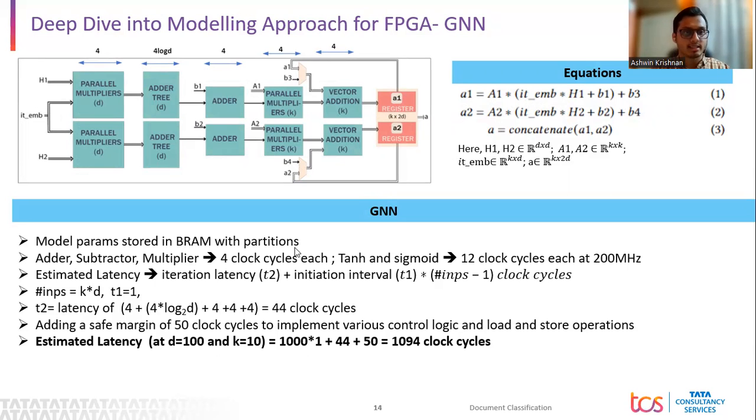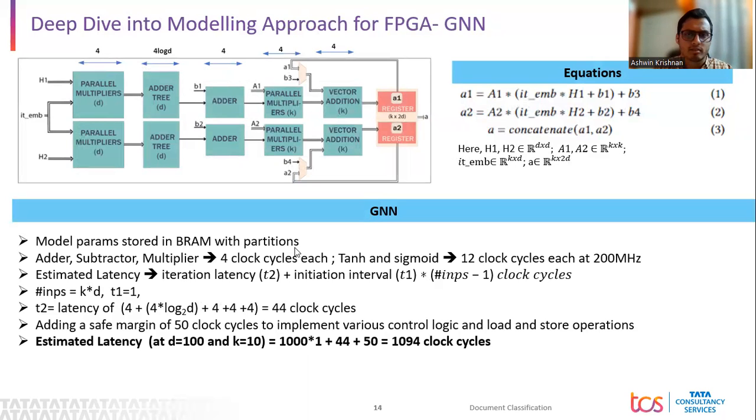And the iteration latency is the sum of the latencies of individual operations. Here, for parallel multipliers, it's 4. For an adder tree with log base 2 of d stages, it's 4 into log base 2 of d clock cycles, followed by an adder, multiplier, and vector addition, each consuming 4 clock cycles, giving us a total iteration latency of 44 clock cycles.